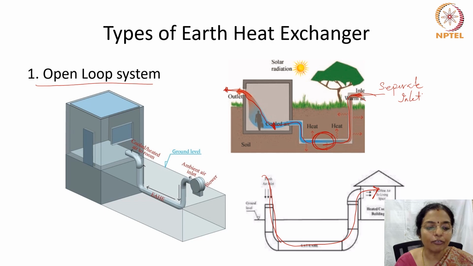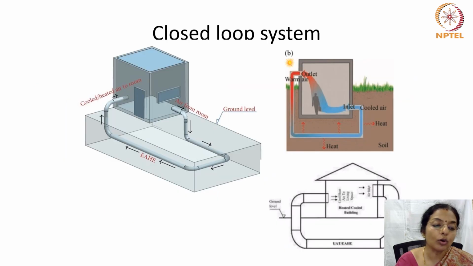Whereas if we look at closed loop system, in a closed loop approach where the air is distributed frequently into the room through the underground pipes, no air is exchanged with the outdoor air in this system. So in this system, what happens is you have a pipe which acts as an inlet and outlet pipe.